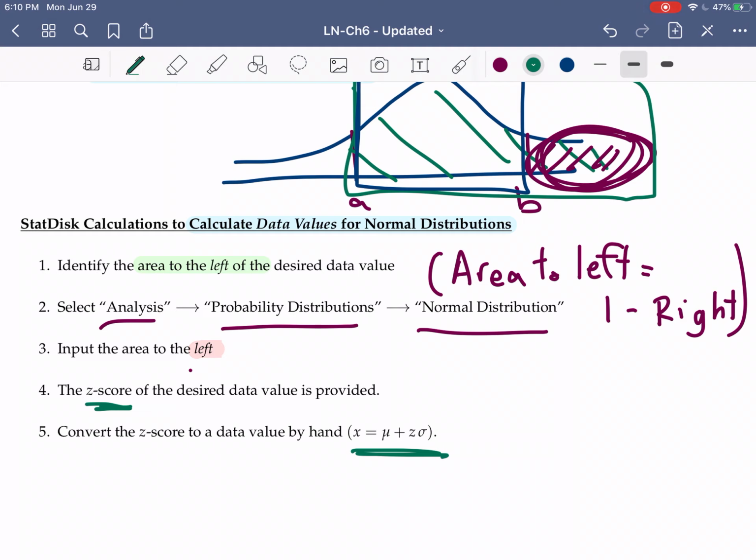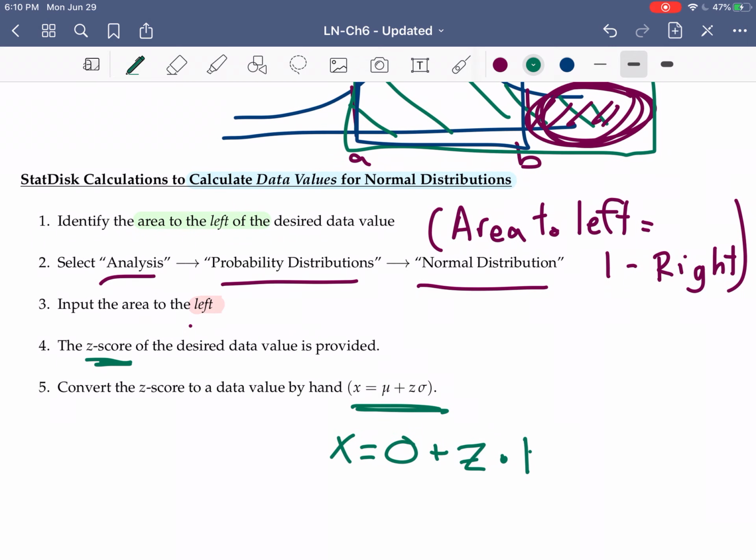We would take the mean plus the z-score times the standard deviation. If we're dealing with a standard normal distribution, x is equal to the mean, which is 0, plus the z-score, whatever it spits back, times the standard deviation, which is 1. And so the data value is the z-score. But when we stop having a standard normal distribution, we'll have to go through and input each of those values.